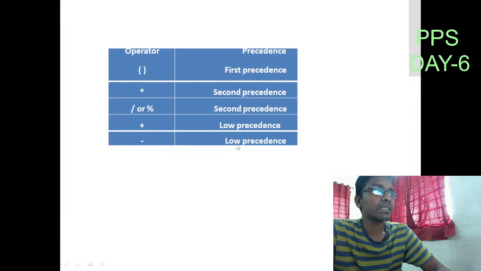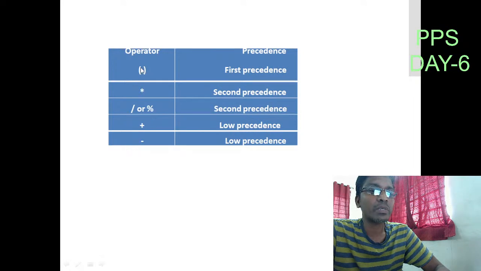And these are the operator precedences: which operator is given higher precedence while evaluating an expression. In this slide, parenthesis is the first precedence. While evaluating any mathematical expression, first we have to give preference to the parenthesis.